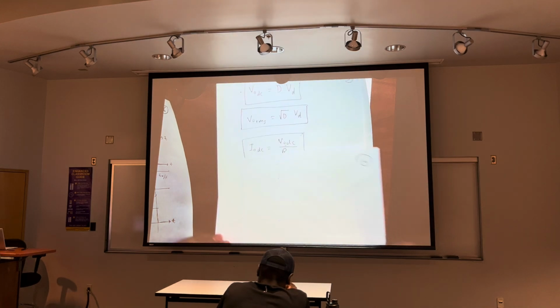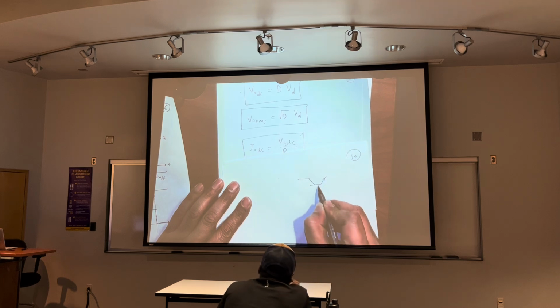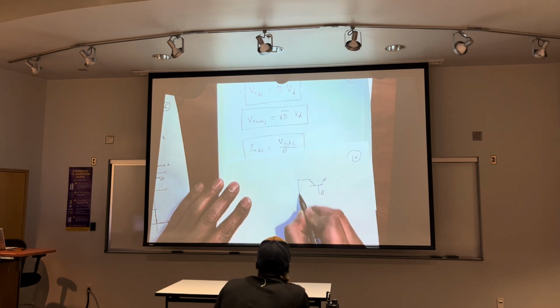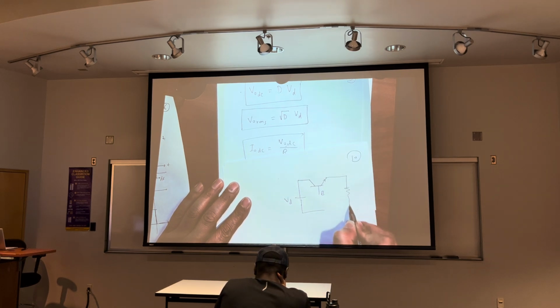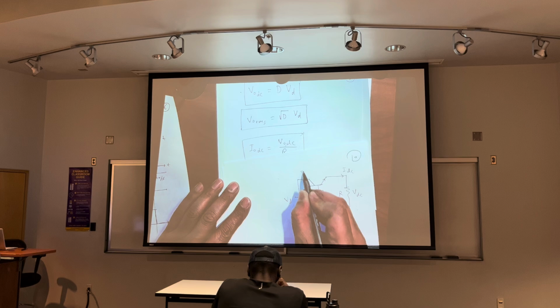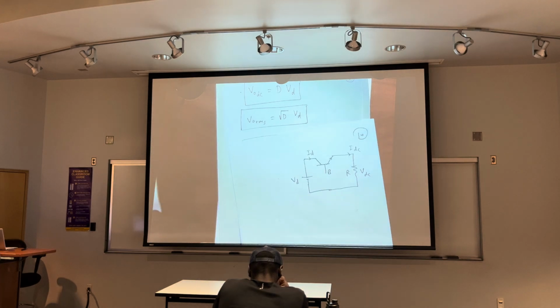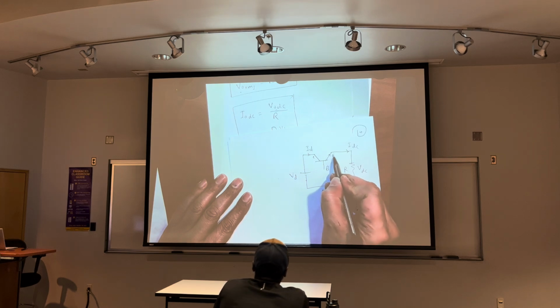See, again, let me draw the circuit. This is the input voltage VD, and this is R. VDC, this is IDC, and this is ID. This is collector, emitter, base.